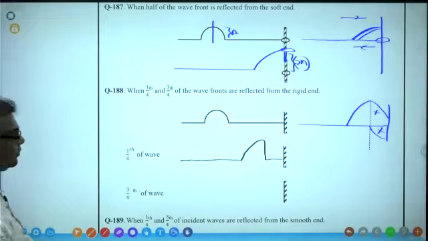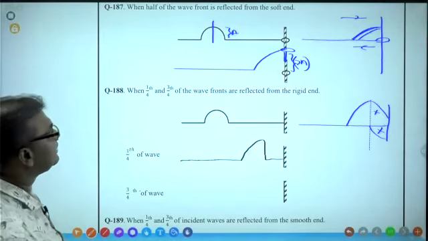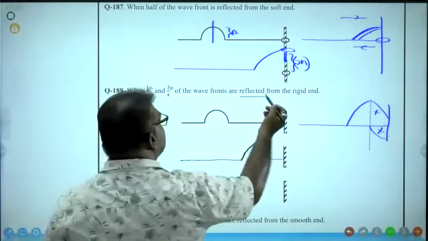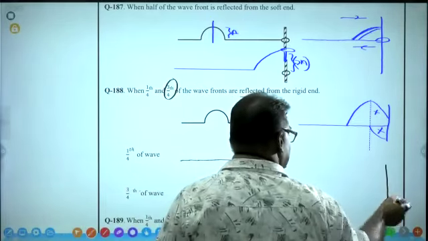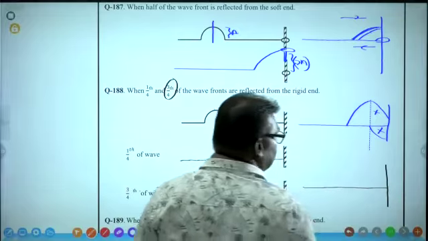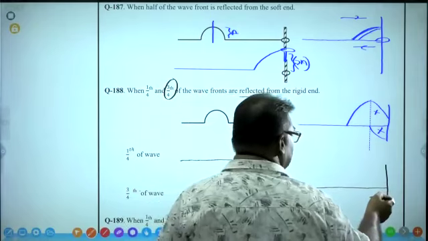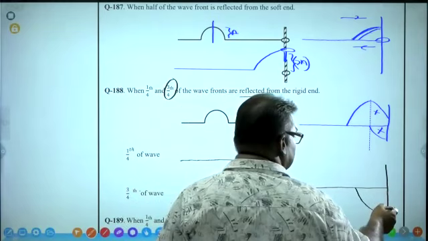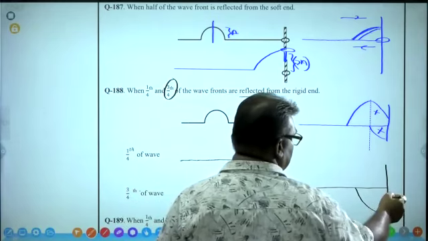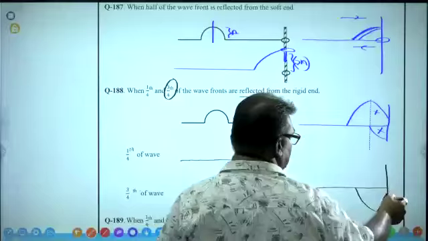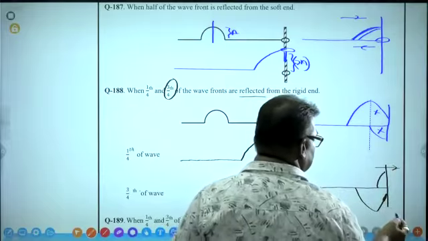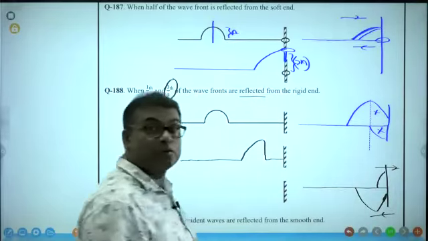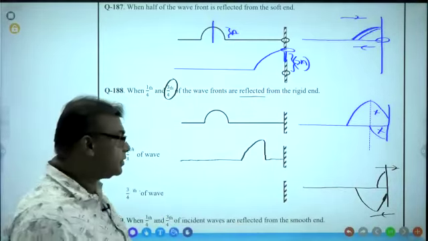Okay, next one, 3/4 of wavefront is reflected, right? Reflected 3/4. How? Then this one is the margin. Here we have string. 3/4 is reflected, no? Then to be hit 1/4, reflected 3/4.